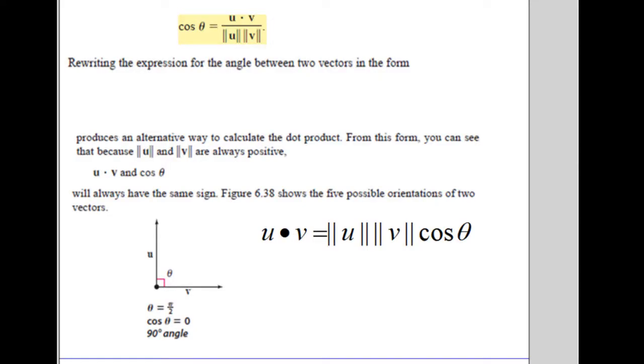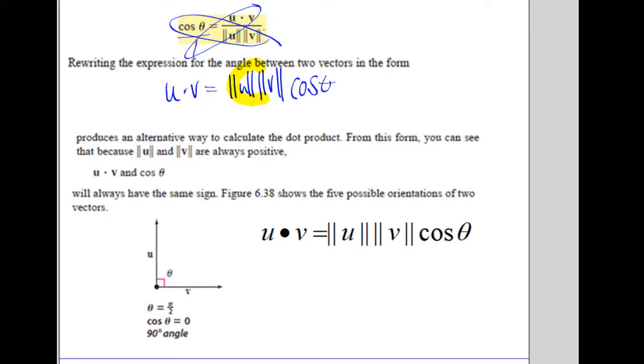All right, at this point, we know that cosine of theta is equal to u dot v over the magnitude of u times the magnitude of v. Now, if we cross multiply, we can see that u dot v is equal to the magnitude of u times the magnitude of v times cosine of theta. Thinking magnitudes, u and v are always going to be positive numbers.